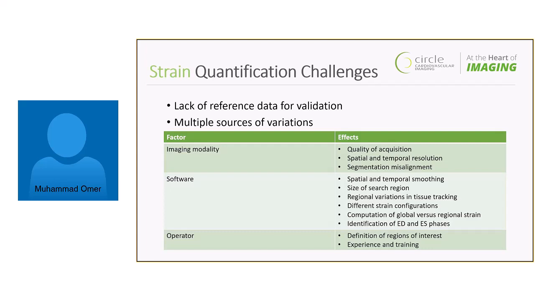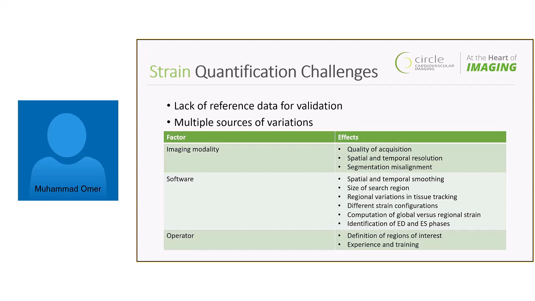In addition to the imaging modality variations, we have software factors as well. When we are tracking movement, we require a lot of post-processing, including spatial and temporal smoothing, and there are a number of ways that can differ between two different algorithms. So that is a source of variation.